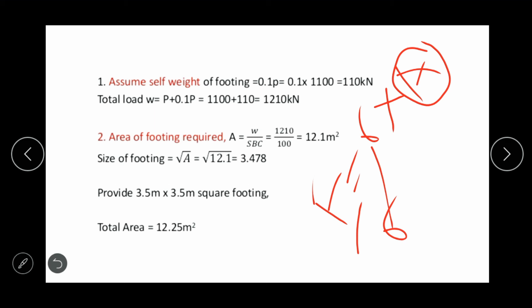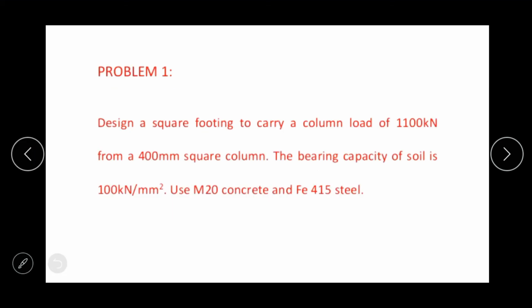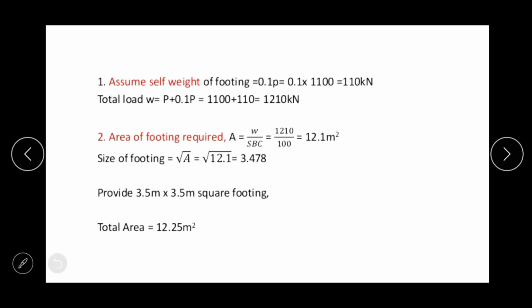This pressure is nothing but the soil bearing capacity. This soil bearing capacity can be found with the help of various tests like plate load test, cone penetration test, and analytically we can also find the soil bearing capacity. So here in the given problem, soil bearing capacity is already given, that is 100 kilonewton per meter square.